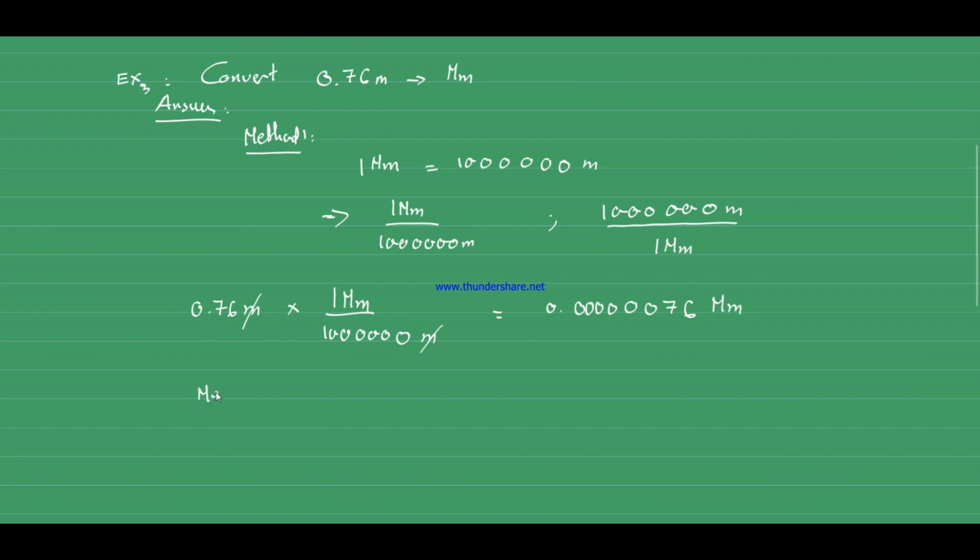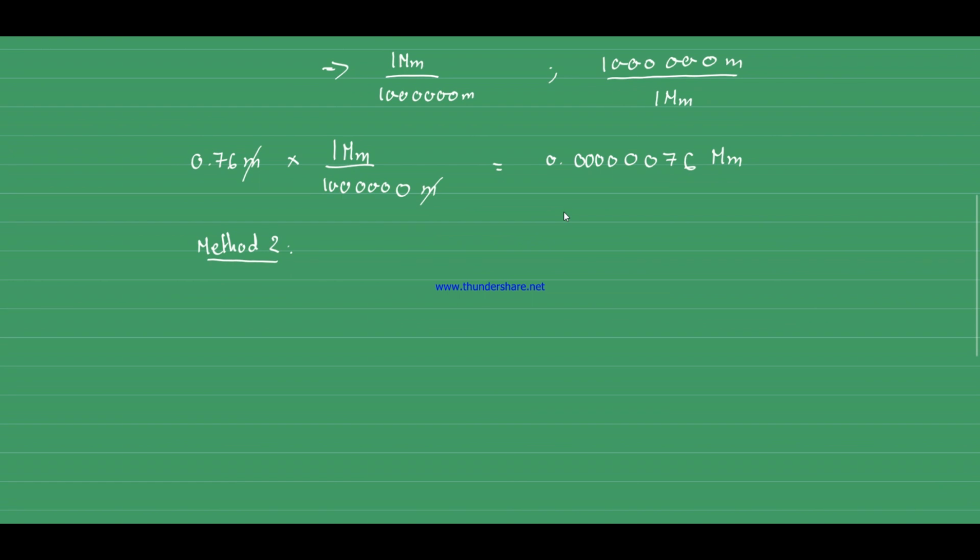Okay, now method 2. You see, it doesn't matter what method you use, you always have to relate it to the table. So we know megameter is here, and we know meter is here. We know that this is 6 zeros. Then we have 0.76. You go from meter to megameter.